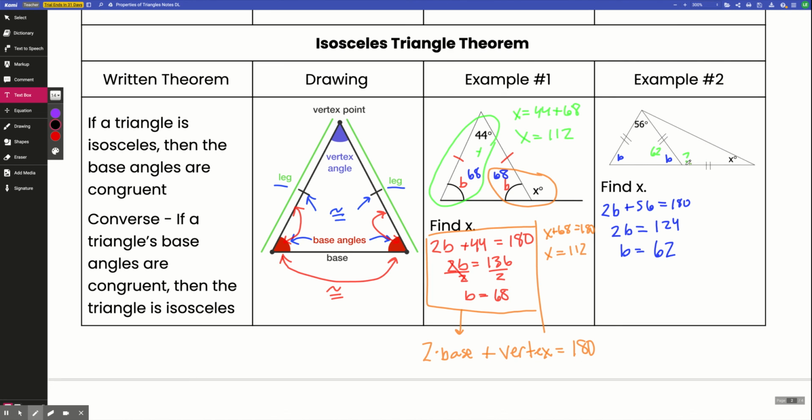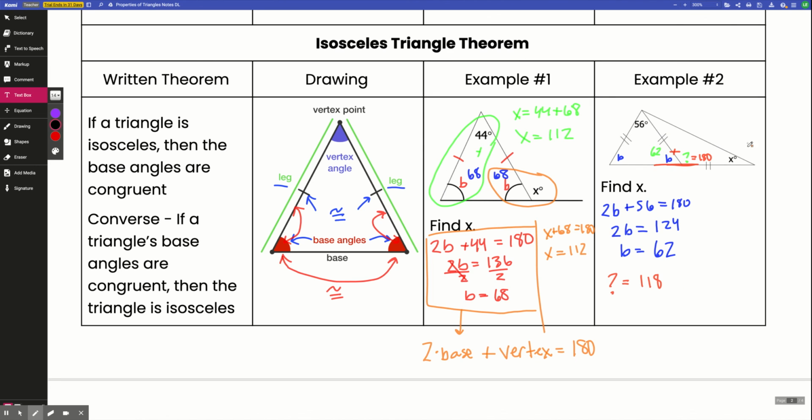Well, I know that this vertex angle, which is marked with a question mark, plus 62 has to equal 180 because they form a straight line. See down here at the bottom? Okay, so that means that that question mark angle is 118.